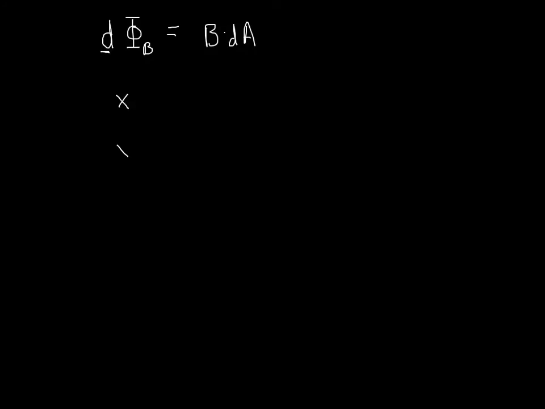We have this magnetic field, a constant magnetic field, and we have this little bar, this little piece of wire, that's moving in that magnetic field. I'm going to flip the direction just a little bit, and I'm going to be pulling it to the right this time. Same concept, same idea.